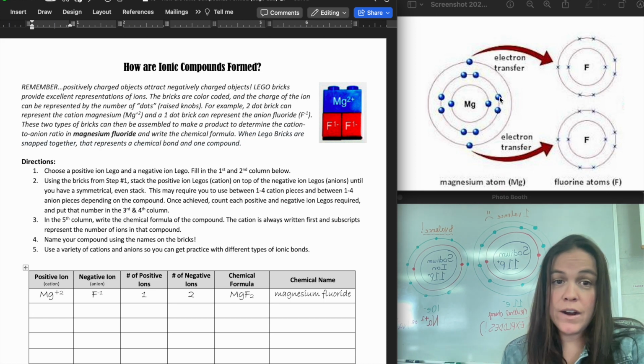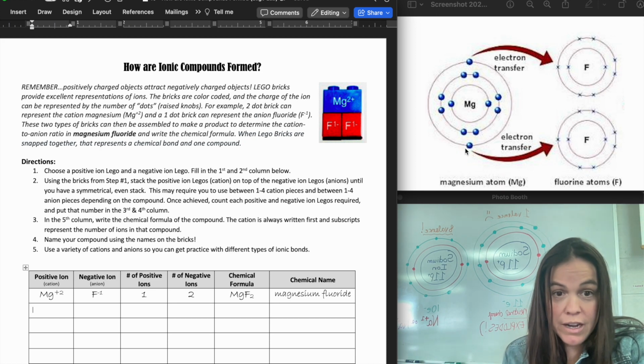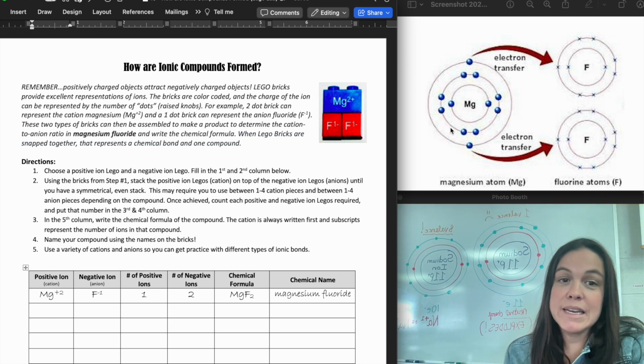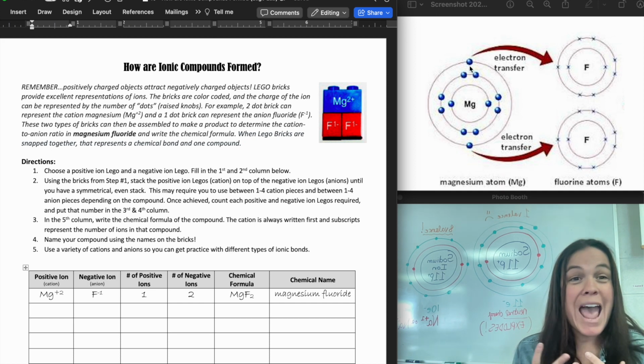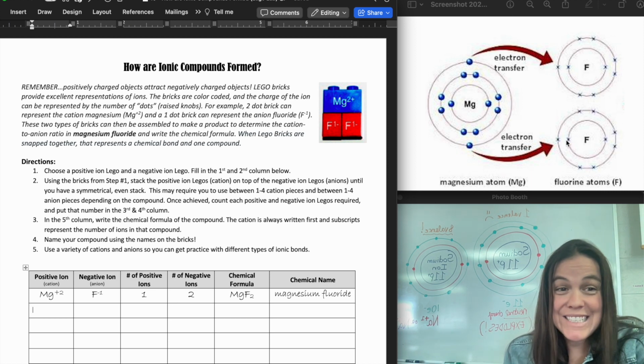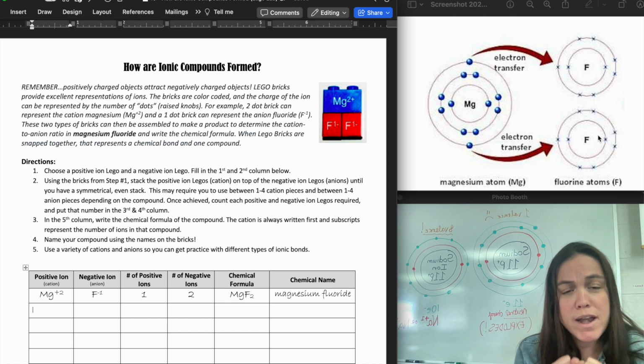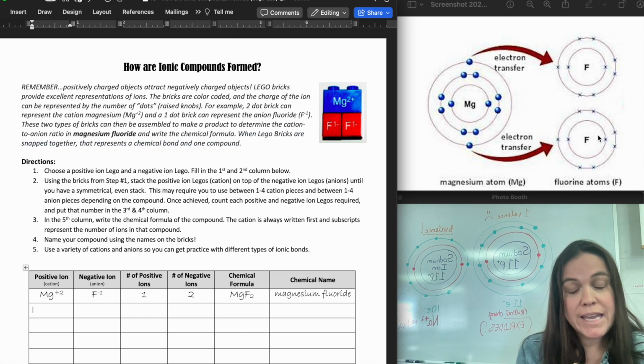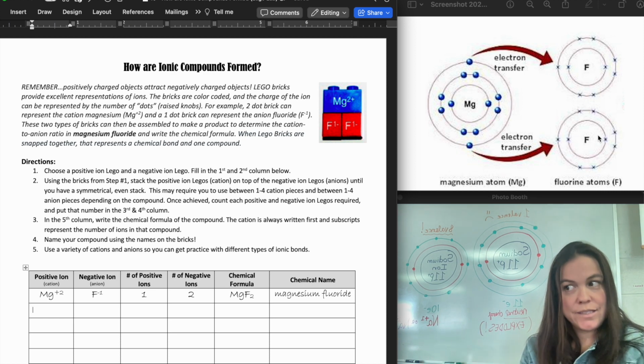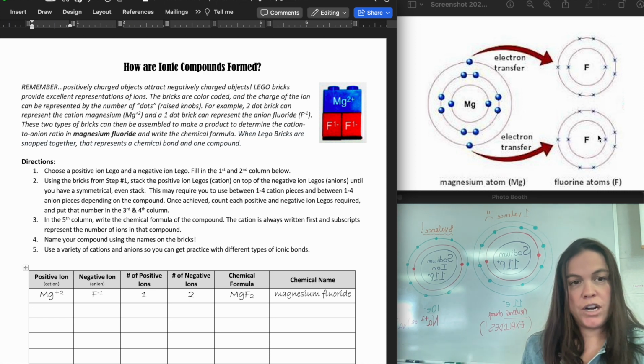So let's take a look here at this picture on the screen of magnesium and fluorine. Magnesium has 2 valence electrons that it's happy to give up, happy to get rid of. And fluorine has 7 valence electrons, so it's looking to gain that one more electron to make its shell full. Now, once magnesium gives up its electrons, it becomes positively charged.